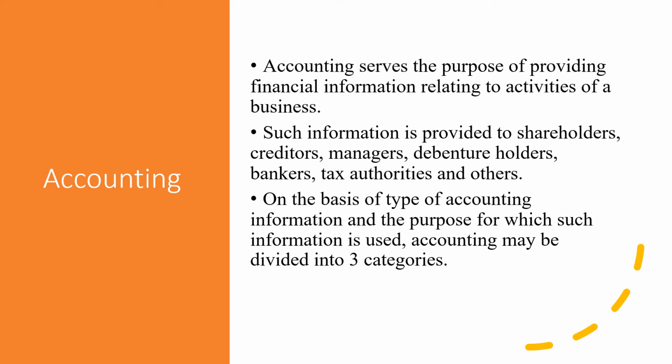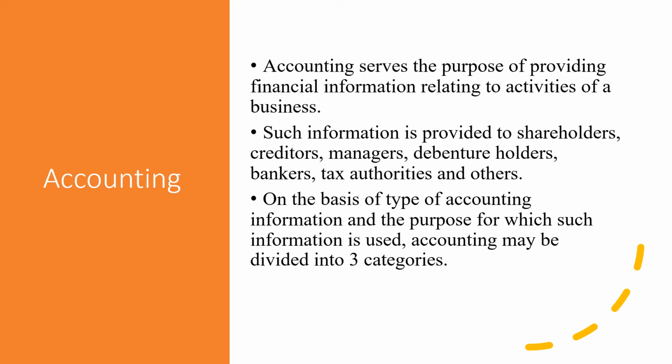And the information which accounting is providing about the business is required by the shareholders, by the creditors, by the managers of the company, the debenture holders, the tax authorities, and many other such people. So we can understand how important accounting is.